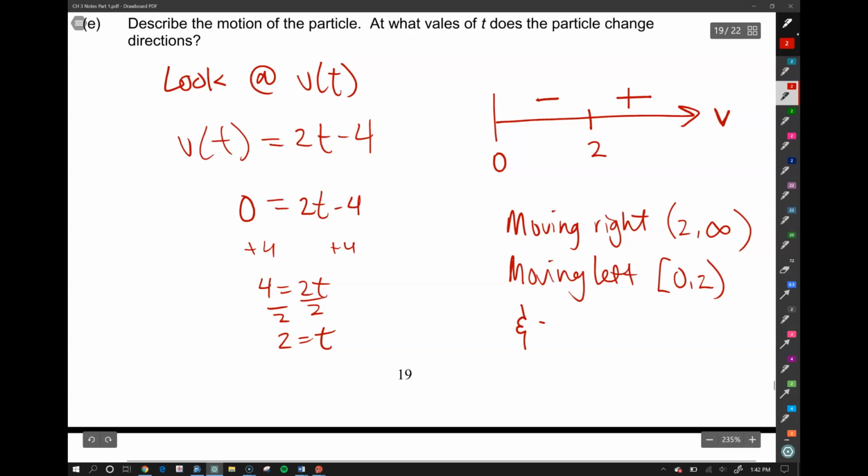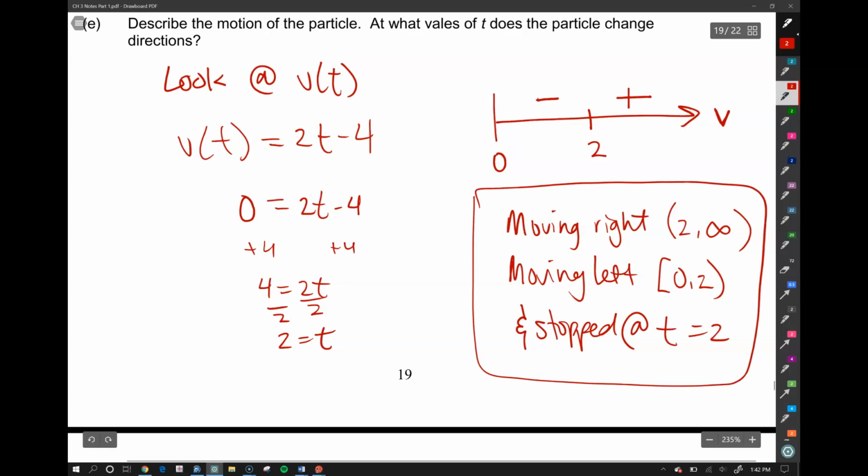So we say, and stopped at t equals 2. So this would be an excellent way to describe the motion. I'm saying when it's going right, because going to the right is positive, going to the left, negative, and when you're stopped is literally when your velocity was 0.